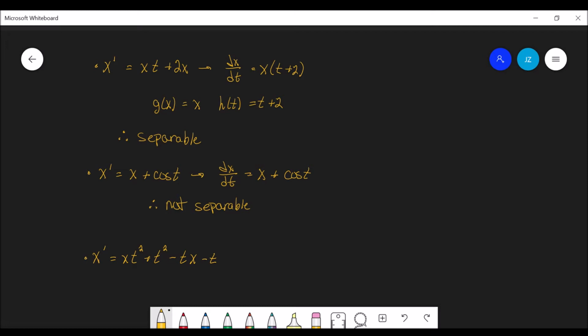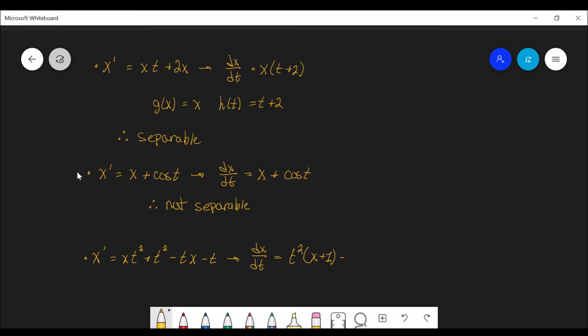Now this, we can write dx dt equals, we can factor out t squared from the first terms, so t squared times x plus 1.